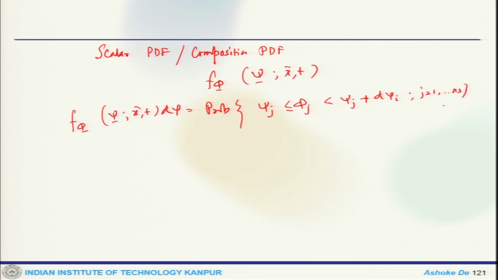So, in stationary combustion system, the PDF is time independent, and we can find out the mean.